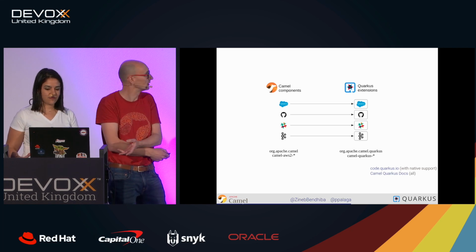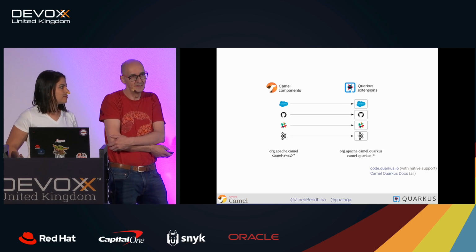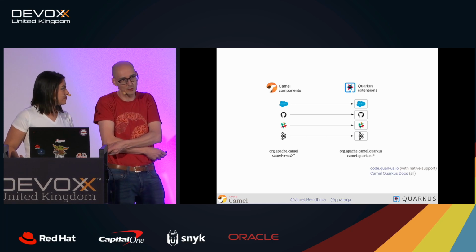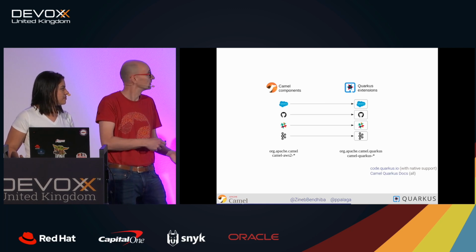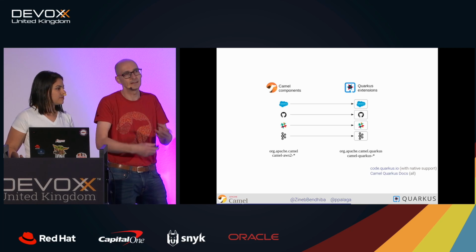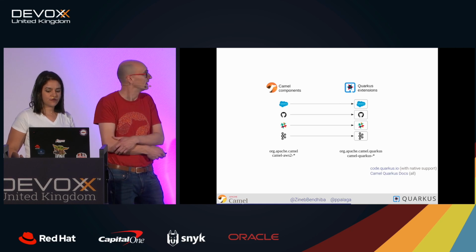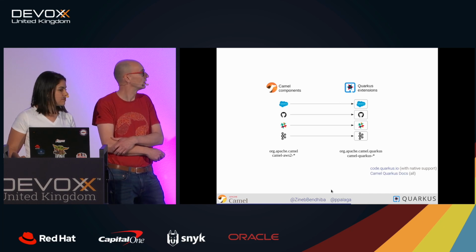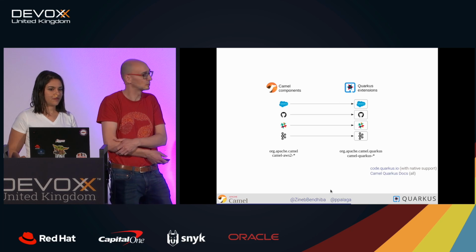The packaging is called a Quarkus extension, and the project we are both most active in is doing exactly that, taking Camel components and packaging them as Quarkus extensions, adding code that analyzes these input components and adding GraalVM native configuration and things like that. It's important to note here that these Camel components live in the org.apache.camel namespace, and these live in a different namespace that you are supposed to use when you want to run Camel on Quarkus.